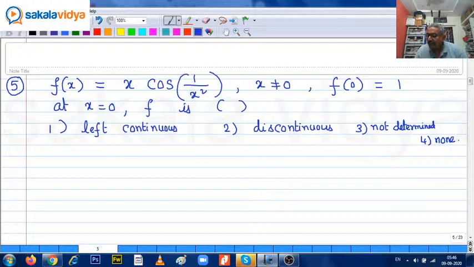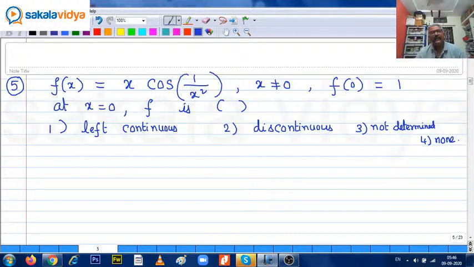Okay. First all of you read the question carefully. f(x) is equal to x times cos of 1 by x square, and x does not equal 0. f(0) is equal to 1. At x equals 0, f is left continuous or discontinuous or not determined, none.